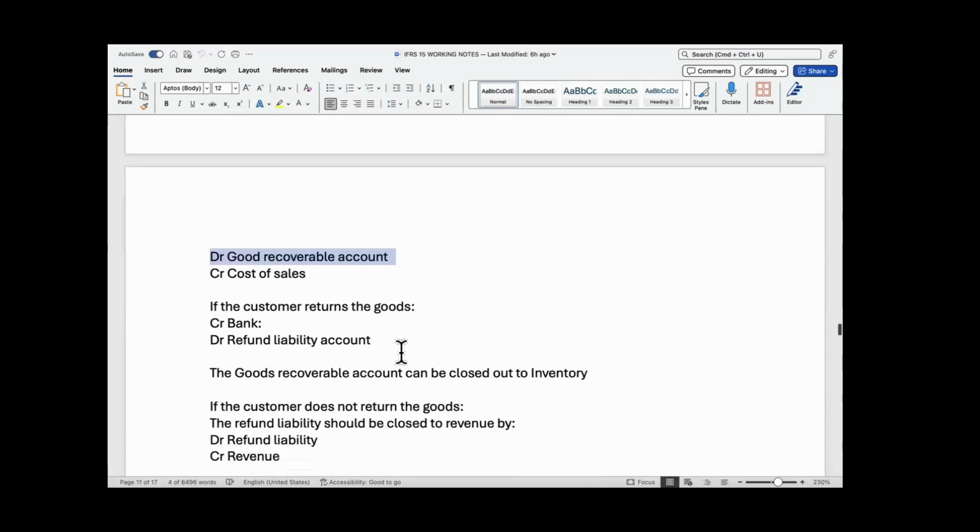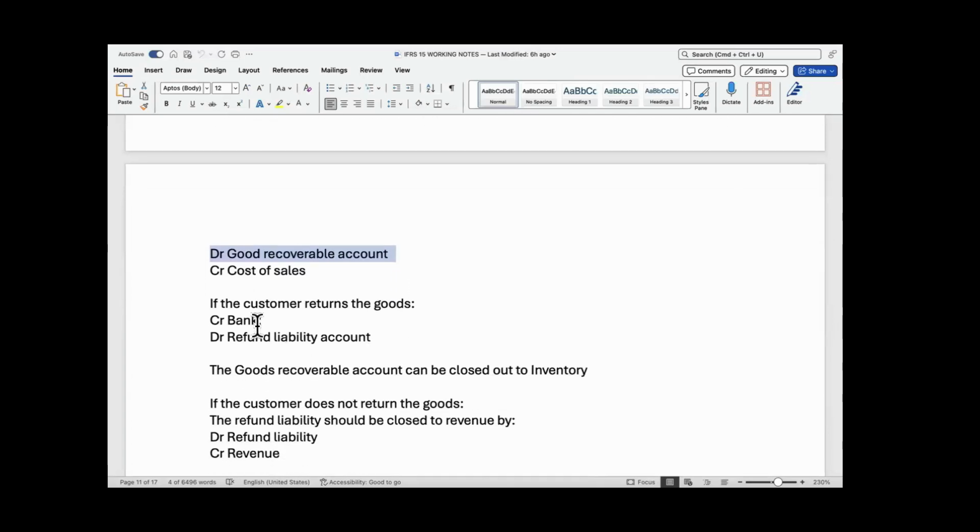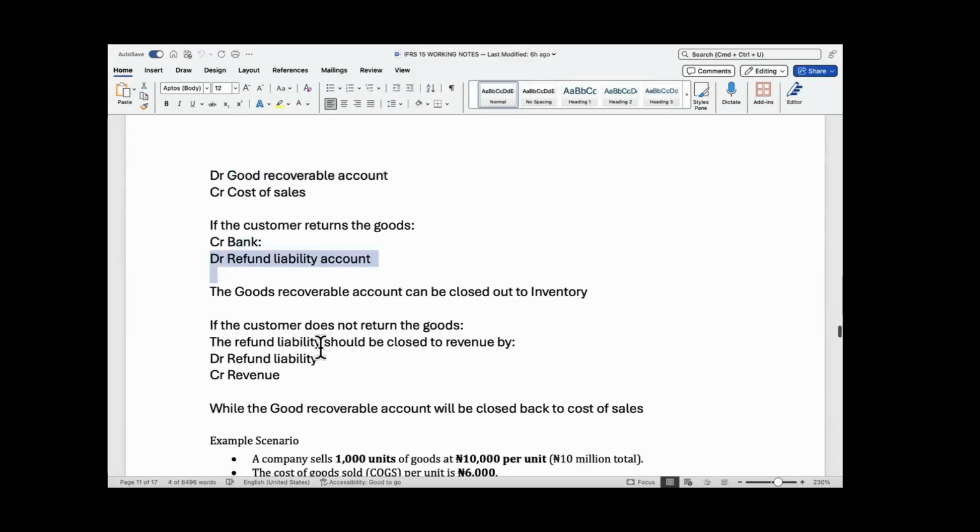So if it happens that the customer returns the goods, that means you have to pay the customer money and close out that refund liability account. But if the customer does not return it, you transfer that refund liability to revenue. So one thing I need you to hold in sales and right of return is that when a customer has the right to return, you don't recognize that as revenue.